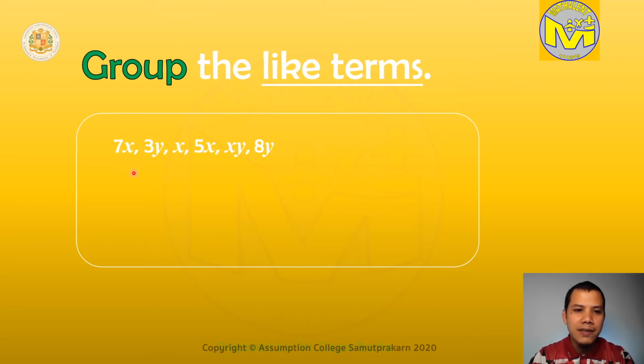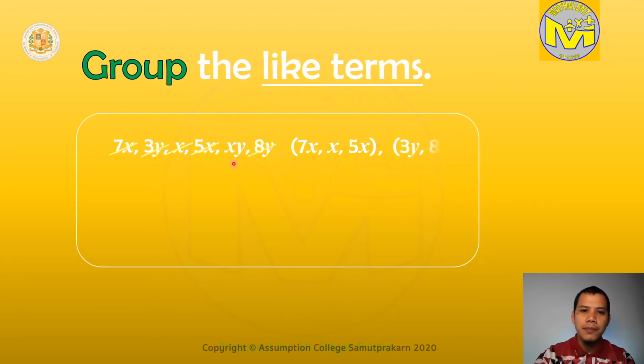We have group X, we have group Y. How about XY? XY is alone, so one cannot be a group. So we can just group terms that are more than one.